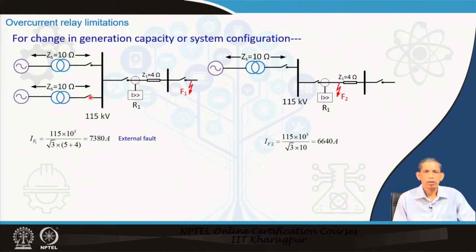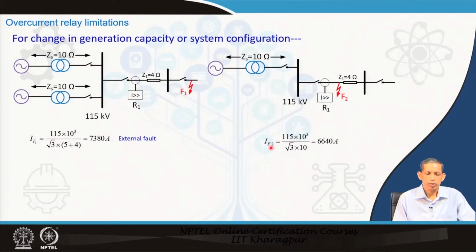Now, suppose at any operating condition, one of the lines is out and only this line is feeding this bus. Then in that case, take this fault F2 at this point, which is internal to this line beyond this relay.